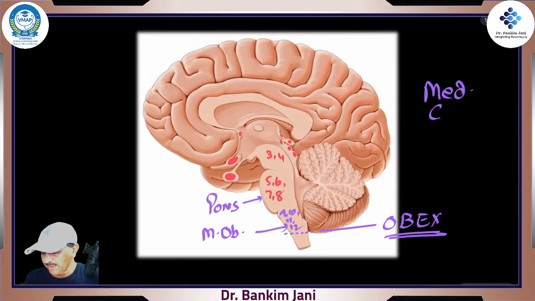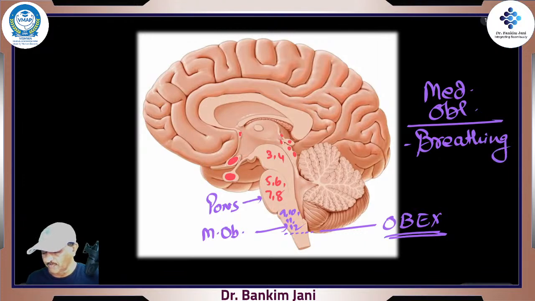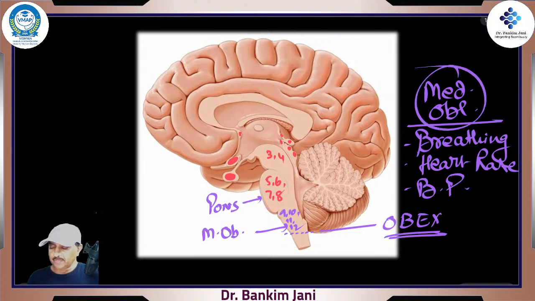So when we say medulla oblongata, very, very important function, right? The respiratory center is lying over there. So it is for breathing, it handles the heart rate, handles the blood pressure. All those things are part and parcel of the medulla oblongata.